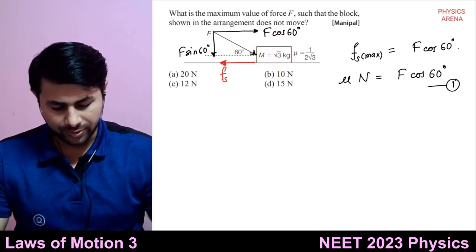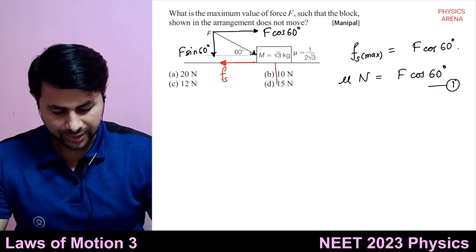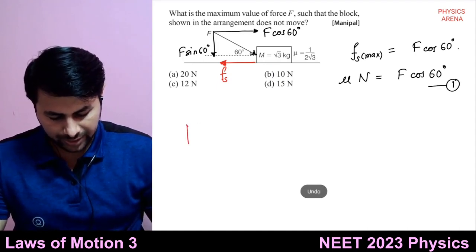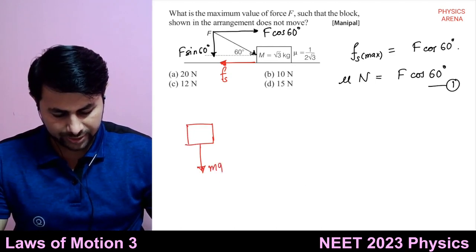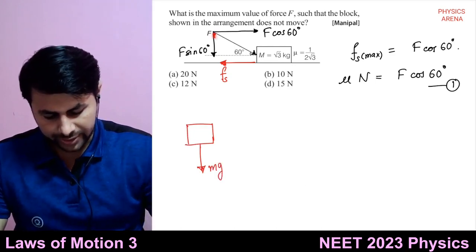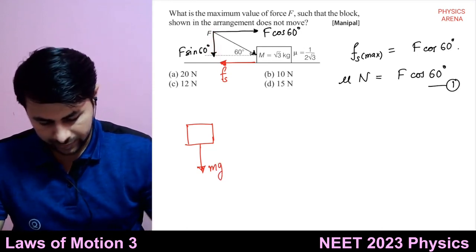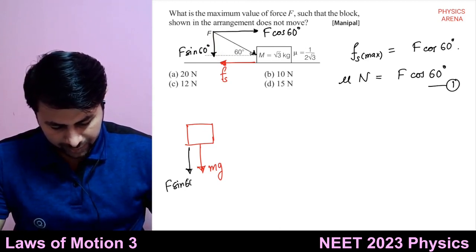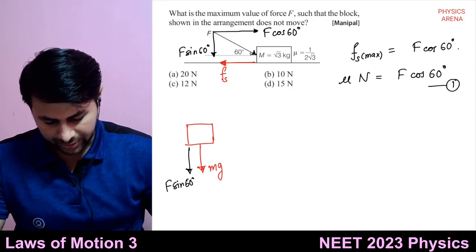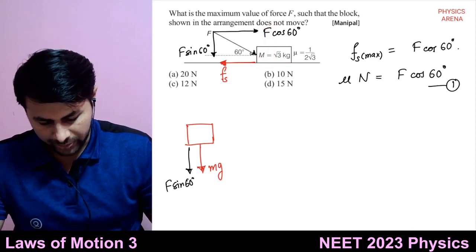Okay, so what are the other forces? There is gravitational force, mg, which is acting downwards. This force F sin 60 is also acting downwards. And the normal reaction due to the floor will act upwards.